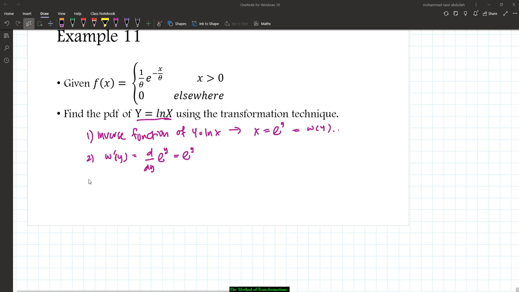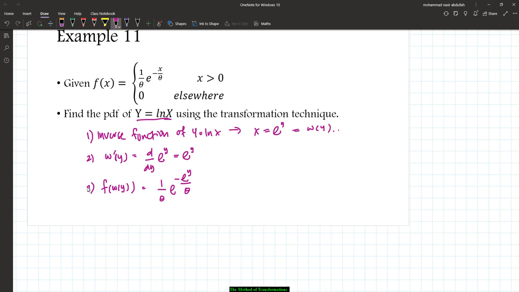So the next step is step number 3. We want to find the function of w(y). So f of w(y), 1 over theta exponential negative x, is equal to exponential y divided by theta.